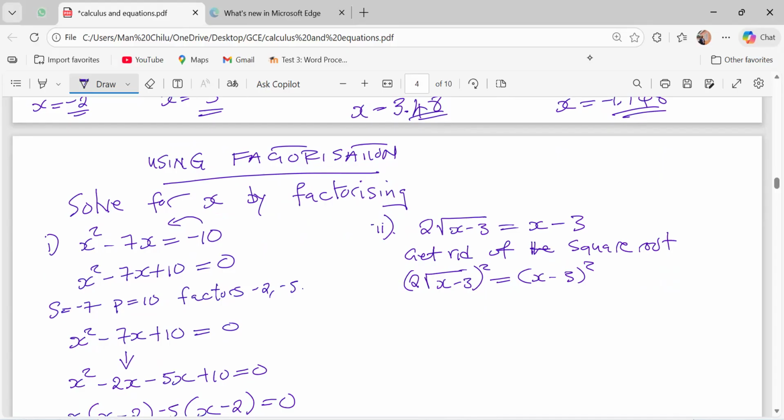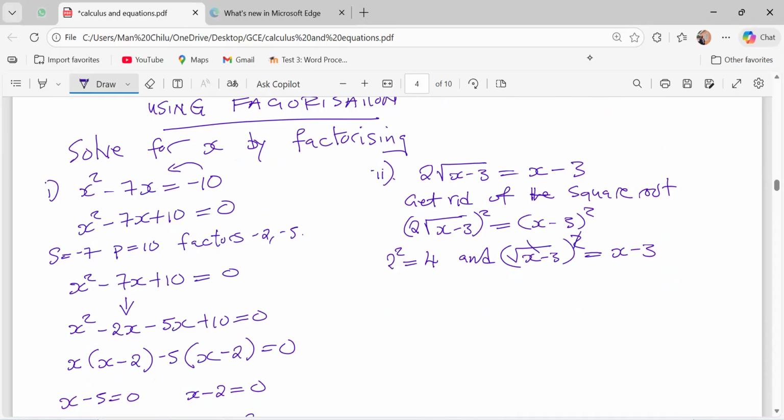We all know that 2 squared will give us a 4. And if we have square root of x minus 3, the square and the square root cancel, which means we have x minus 3. So therefore, we are going to have 4 times x minus 3, and on the other side, x minus 3 squared will be x minus 3 times x minus 3.